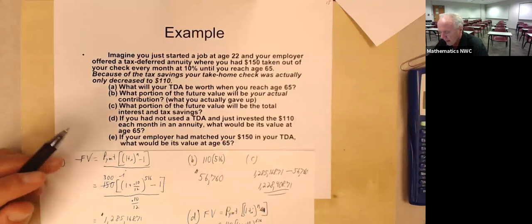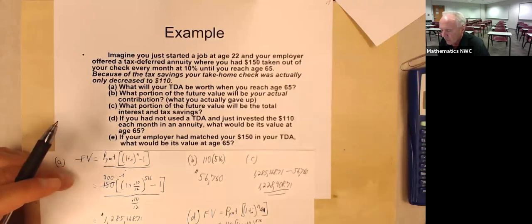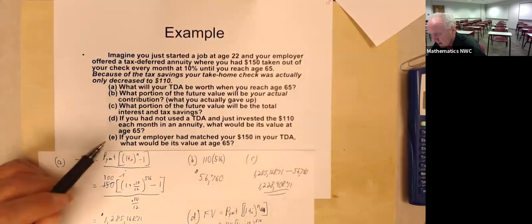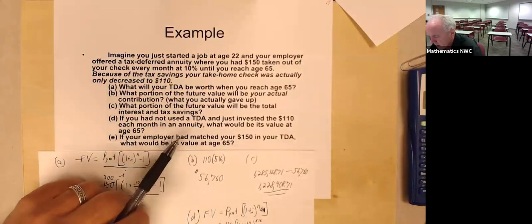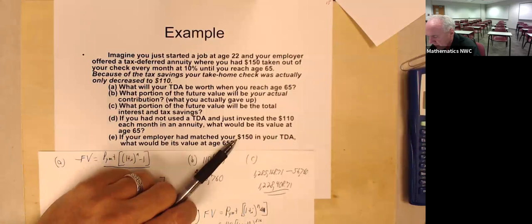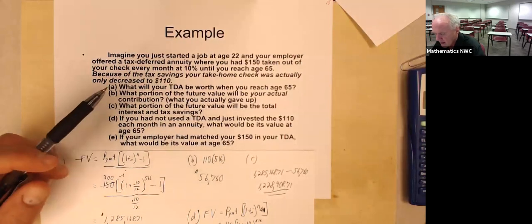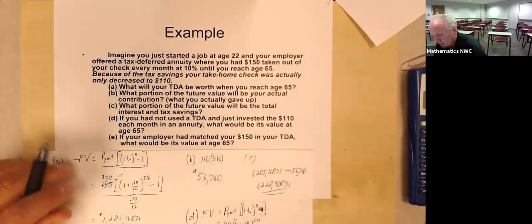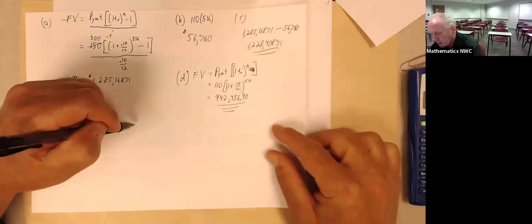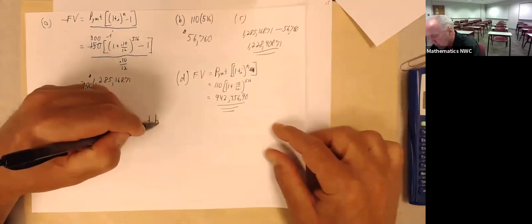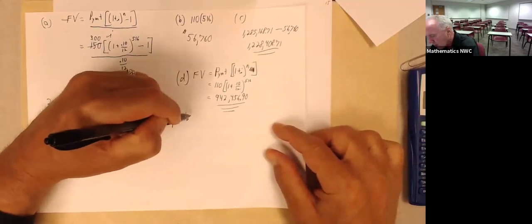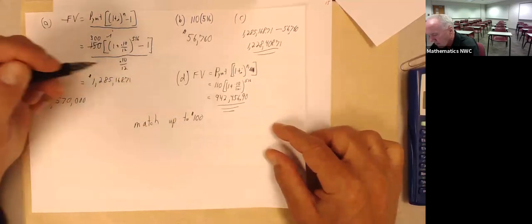Okay? Now, listen carefully to this, whenever your employer is going to match that amount up to a certain amount, do your best to save that amount. Sometimes employers will say something like this. They'll say, well, I'll match up to $100 a month.